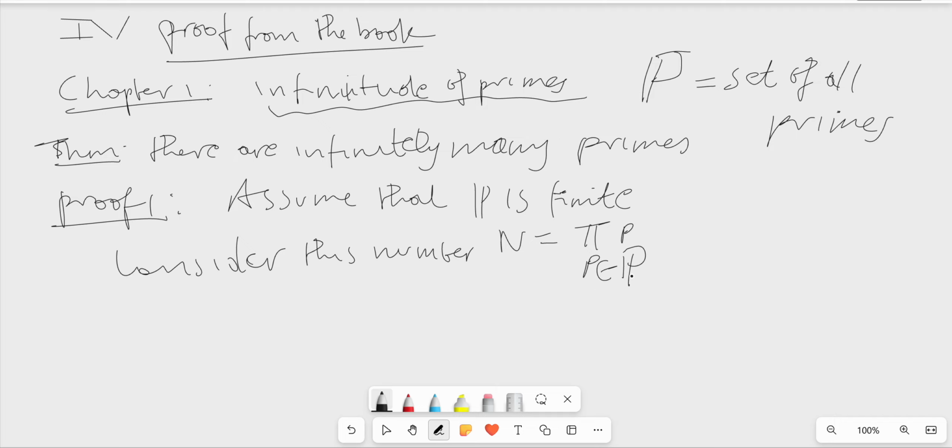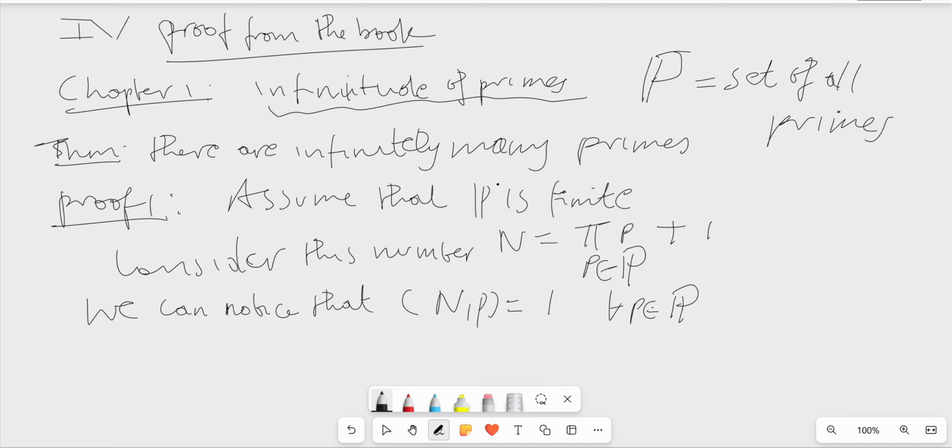Since P is finite, this number is finite. And then we add 1. We can notice that n is coprime to every prime in P. Let's say P bar is the set of primes.